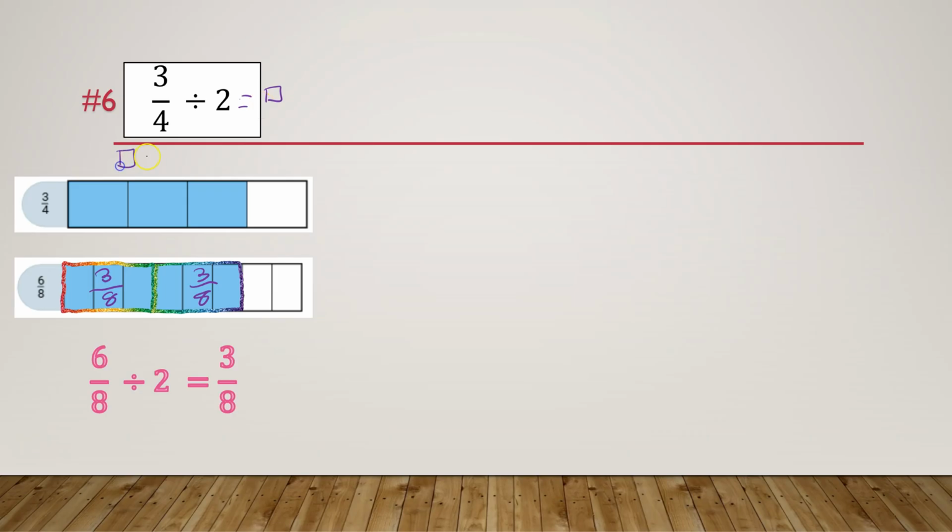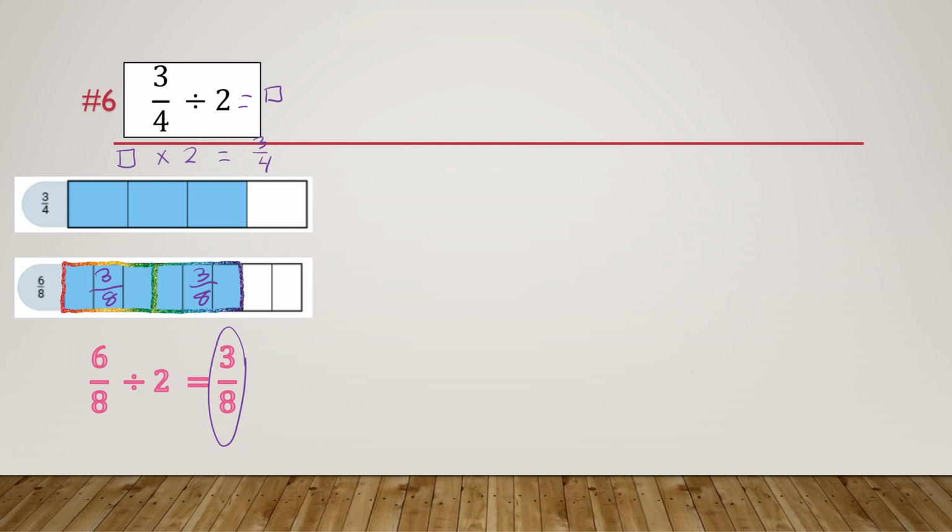So that something times 2 is going to equal 3/4. So 2 groups of what is 3/4? 2 groups of 3/8. So the answer here is 3/8. All right, so that's how we think about that visually.